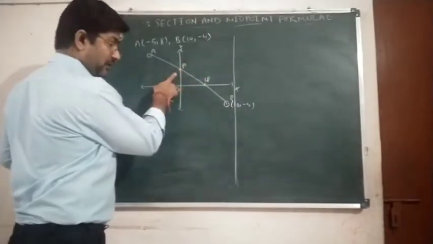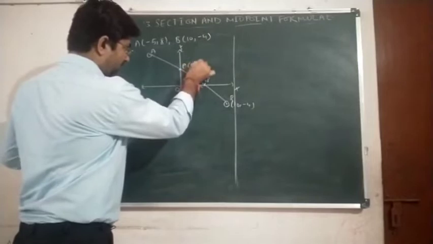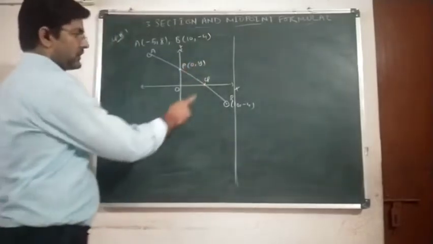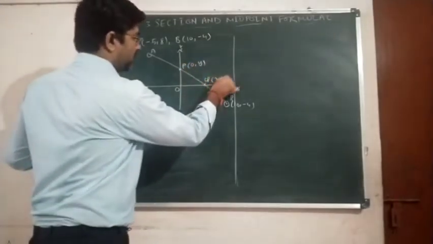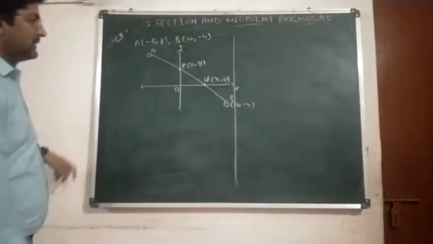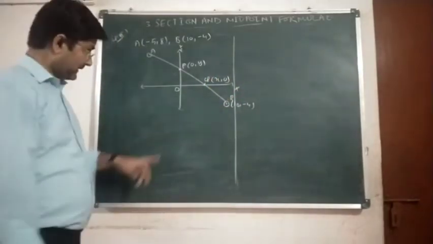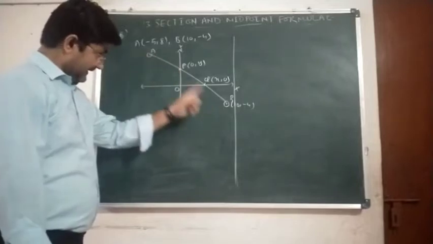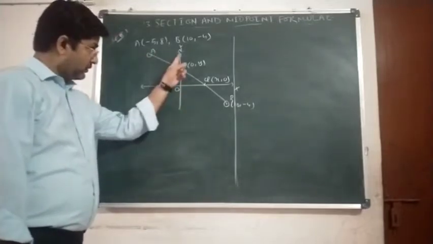Now point P, since it is on the y axis, has coordinates (0, y), and since Q is on the x axis, its coordinates will be (x, 0). We have to show that line segment AB is trisected by the coordinate axes.